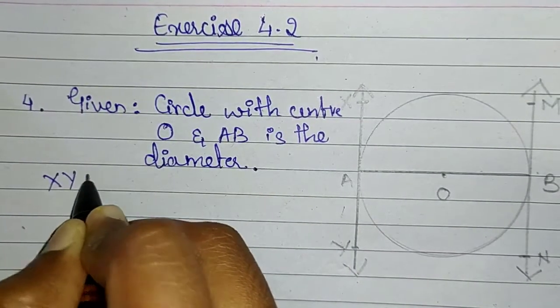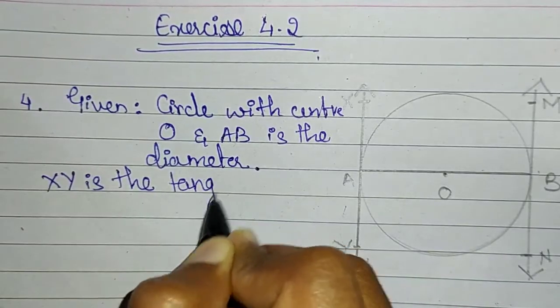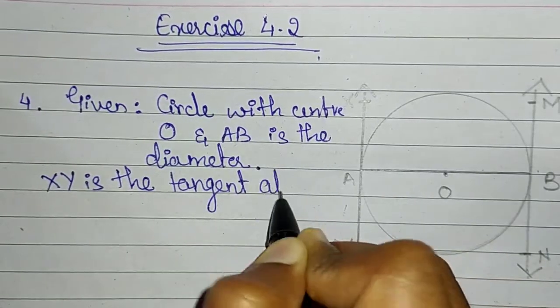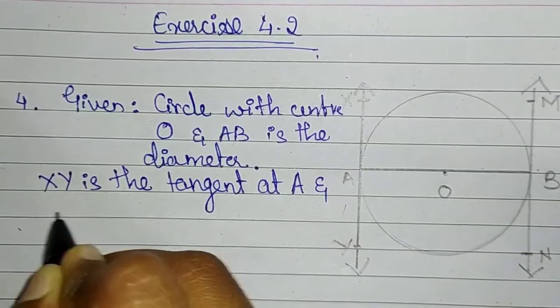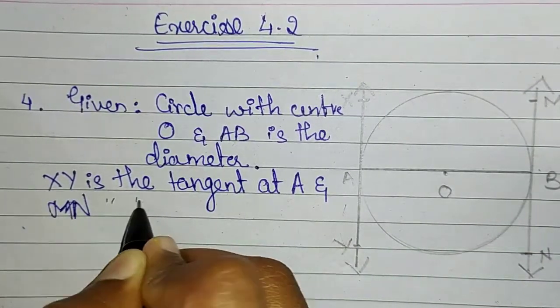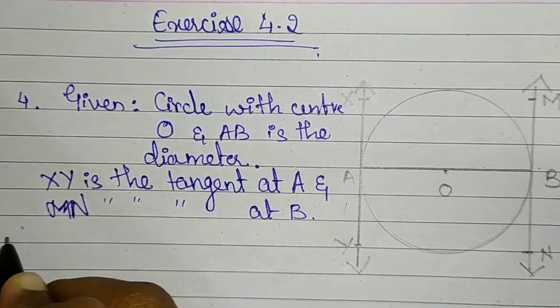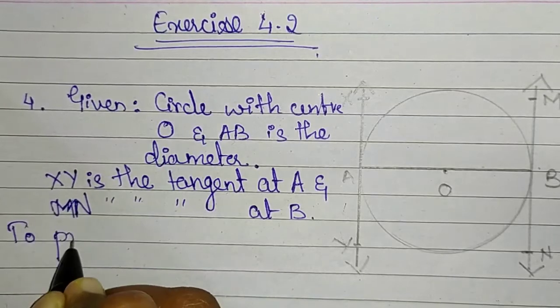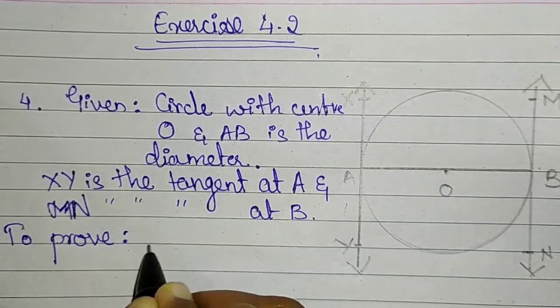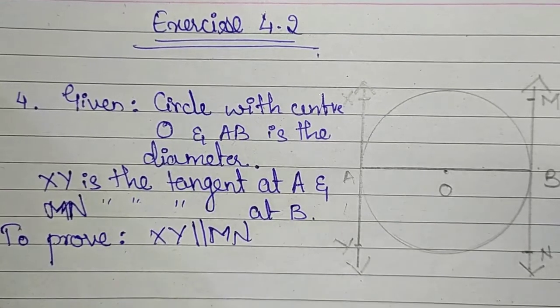XY is the tangent at A and MN is the tangent at B. Now to prove: XY is parallel to MN. So proof.